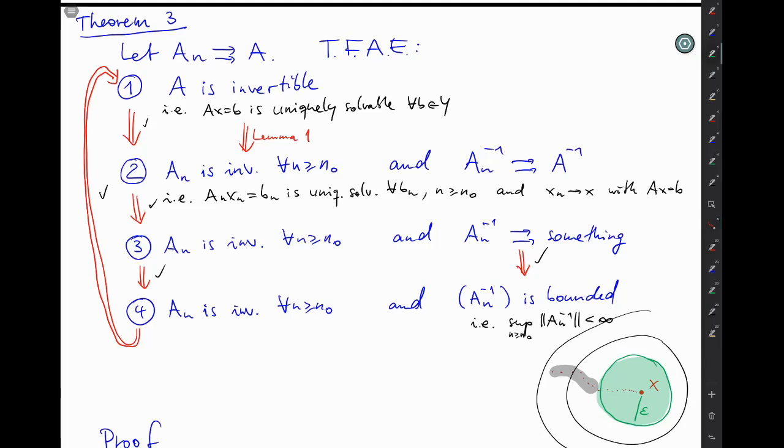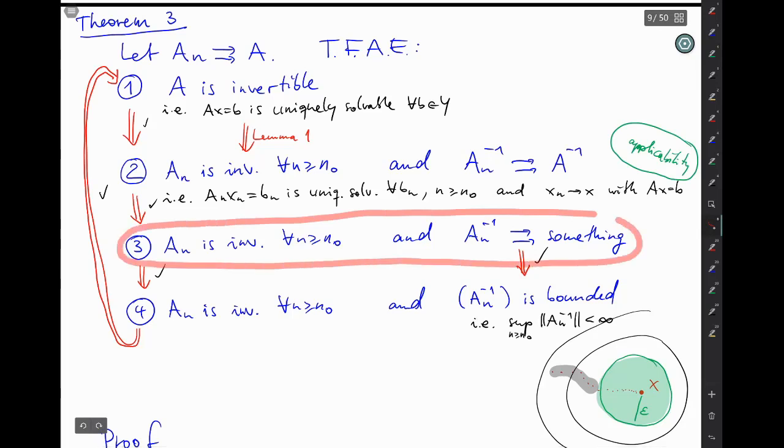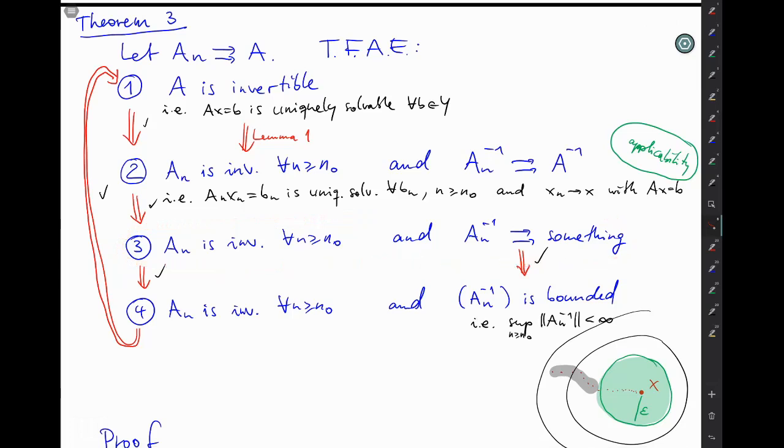Let's just quickly remind ourselves that property 2 is what we call applicability. And then property 3 turns out to be just the same. It's applicability in disguise. Okay, and of course also property 4 is the same, but it already looks quite different.